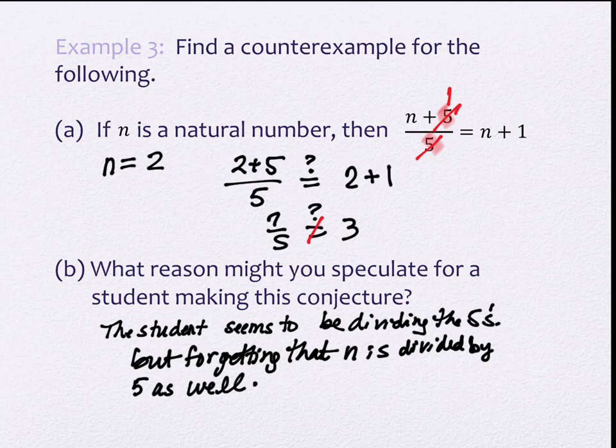Now, they could do this division where they have the 5 over there, but if they did, they would have to write it like this, right? They can divide the 5 by 5, that gives them 1, but they'd also have to divide the n by 5. That would be a correct interpretation for this.